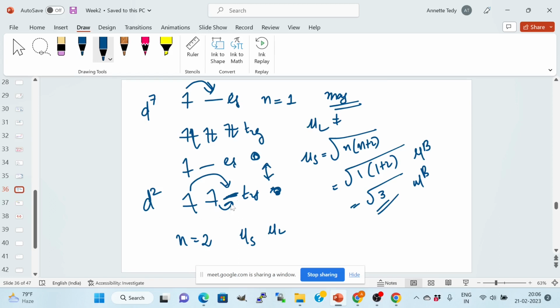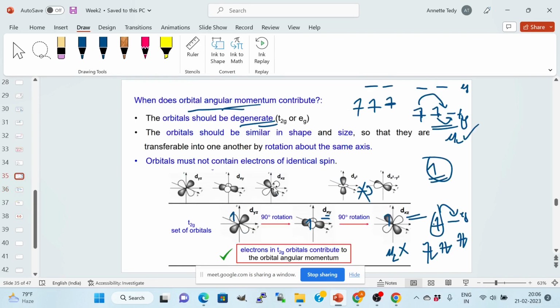So the interaction is possible only if we are in a degenerate set of orbitals. If I am looking at an electron in the T2G, I have to look only within T2G. I cannot say that my electron can go to EG or something like that, because EG is not a degenerate orbital with respect to T2G. So we can have contributions from these three degenerate orbitals in T2G or these two degenerate orbitals in EG. Is it clear?